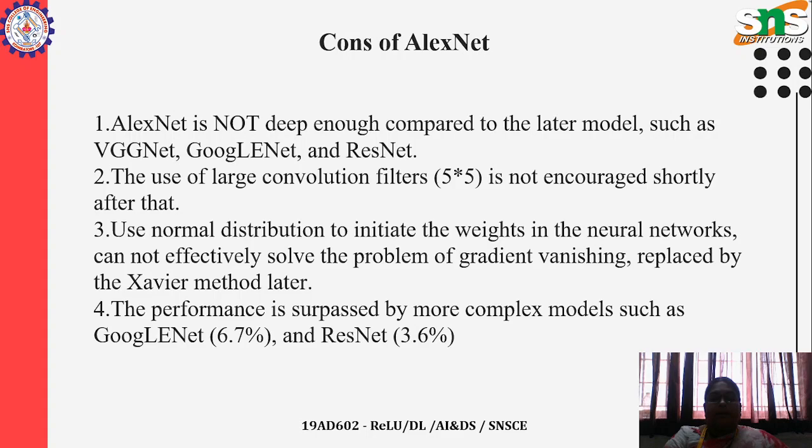The use of large convolution filters, 5 by 5, is not encouraged, and using a normal distribution to initialize the weights cannot effectively solve the gradient problem. The performance is surpassed by more complex models like GoogleNet at 6.7 and ResNet at 3.6. VGGNet and ResNet I'll explain in my next lecture video. Thank you.